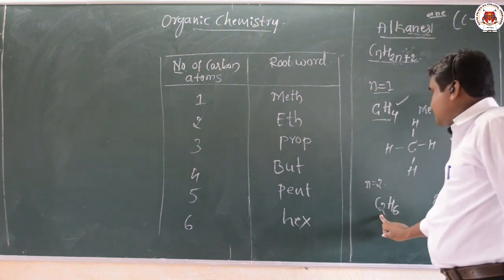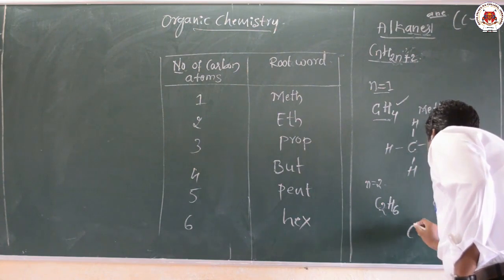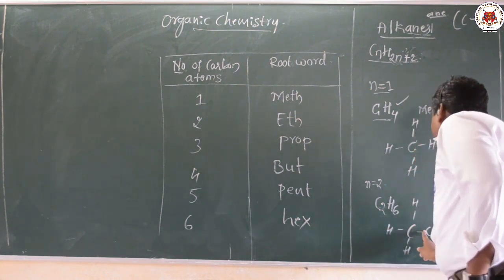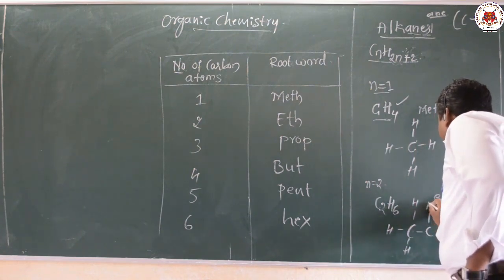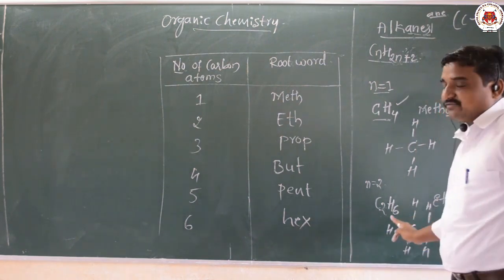Now I will write the structural formula for this C2H6. Here are 2 carbon atoms, and I have written 3 hydrogen atoms on one carbon and again 3 hydrogen atoms on the other. This is the structural formula.